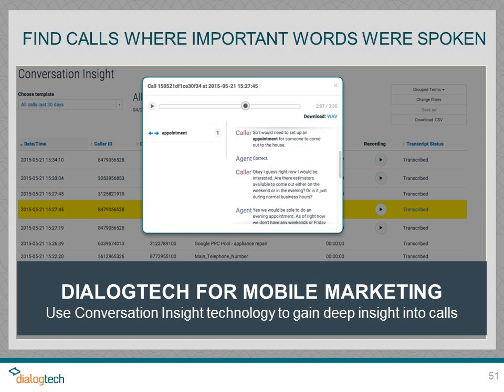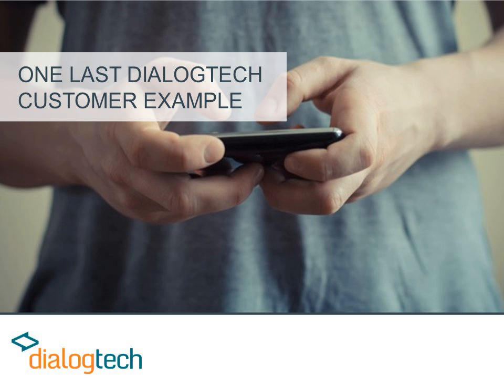Are other keywords being used in the call by the customer that you may actually want to think about bidding on? You can get some information like that by running searches through DialogTech's Conversation Insights tool. It's kind of like Google for conversations. You can run searches through all your conversations for the keywords that you think are meaningful and see exactly where those words took place within each of the conversations.